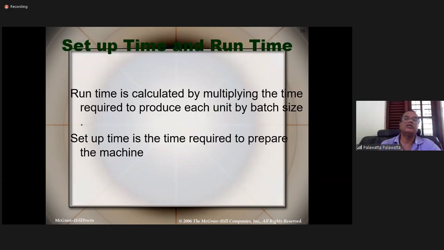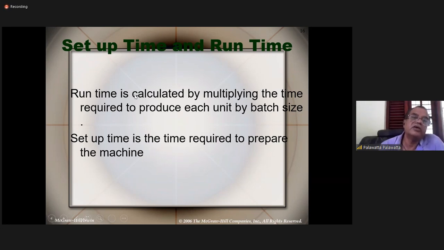So, setup time and run time. Run time is calculated by multiplying the time required to produce each unit by batch size. Setup time is the time required to prepare the machine.